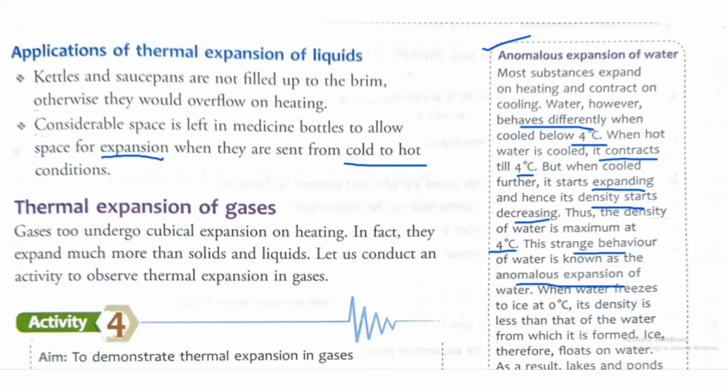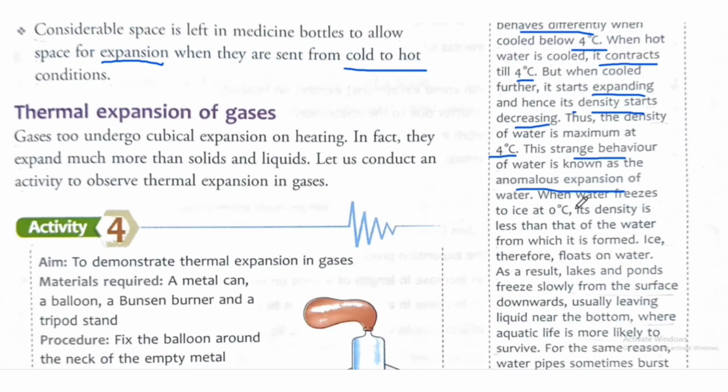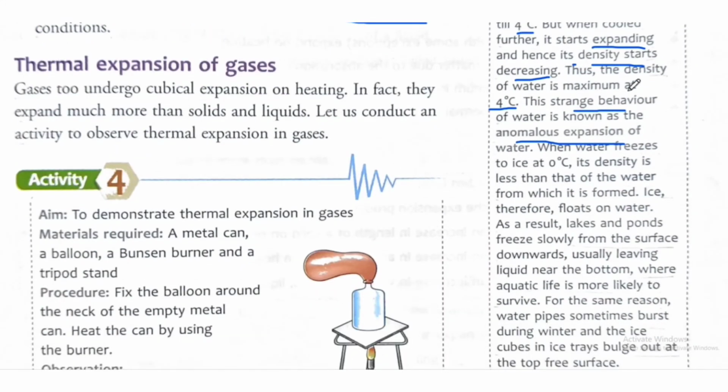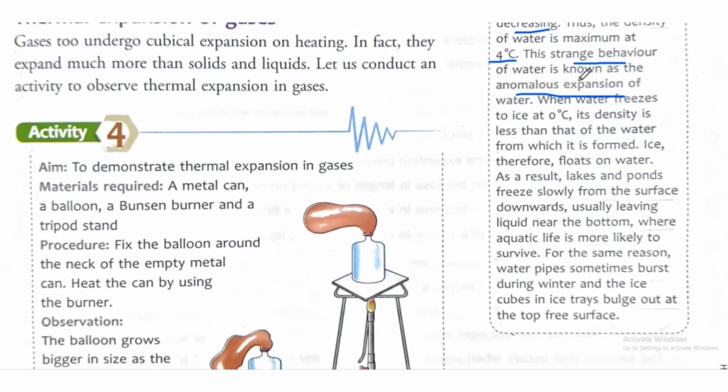So students, when water freezes to ice, its density is less than the water from which it is formed. And for this reason, ice floats on water. And as a result, the waters in lakes and ponds freeze slowly from the surface.